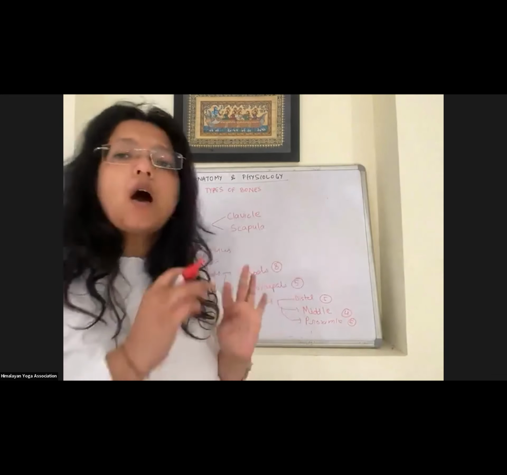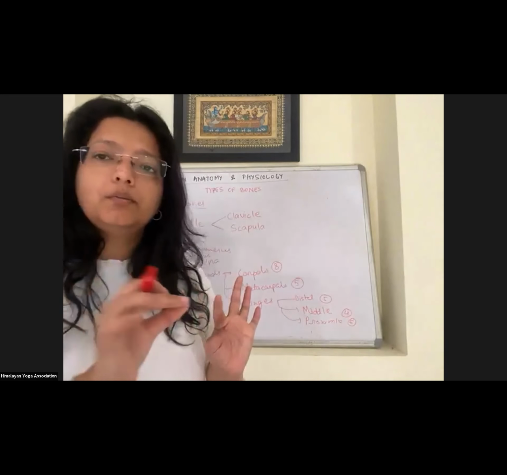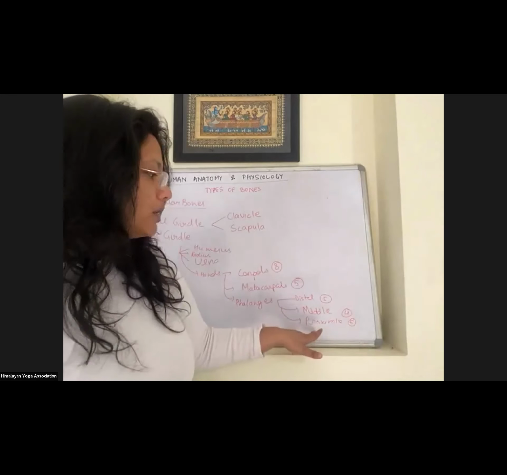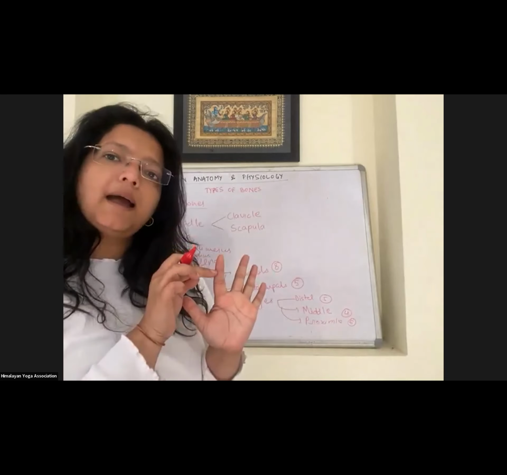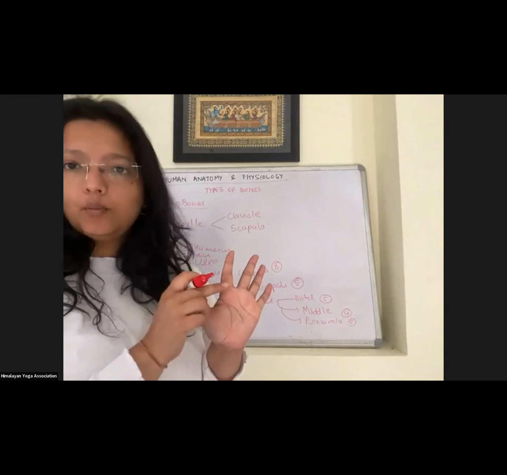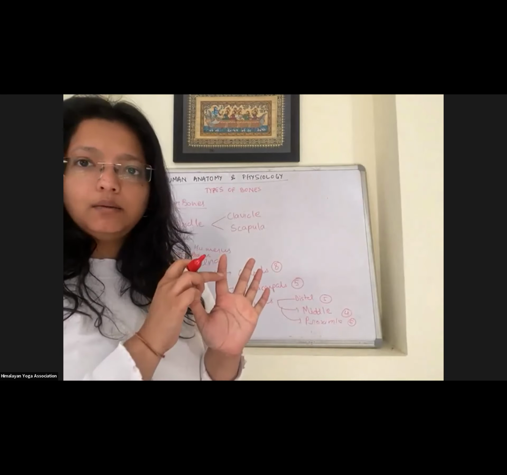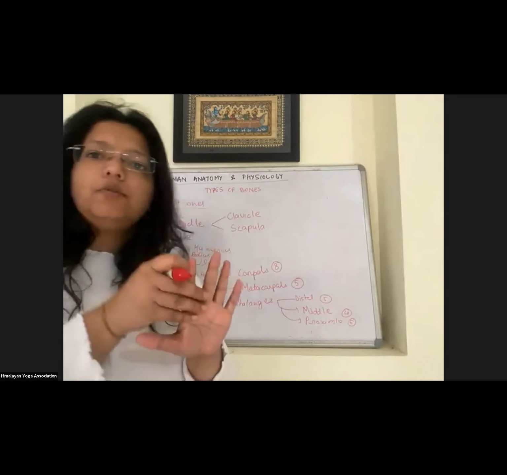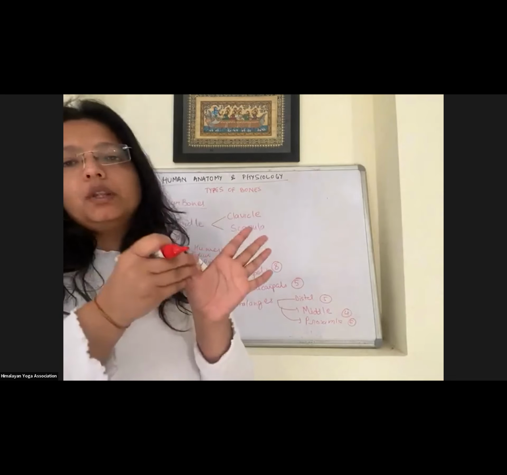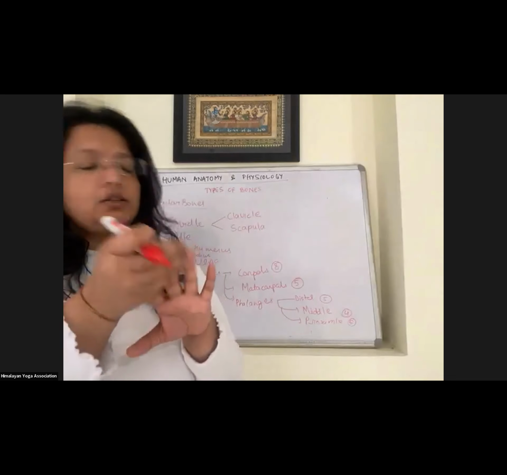Distal is away from the body, and proximal is towards the origin. So proximal, distal, and medial. Okay, the bones in the finger are called phalanges.